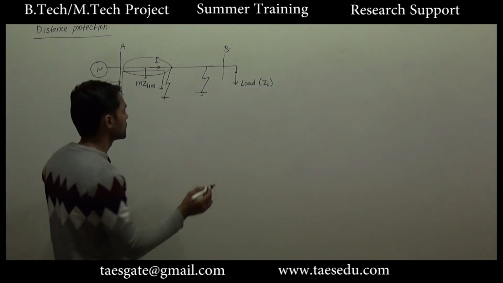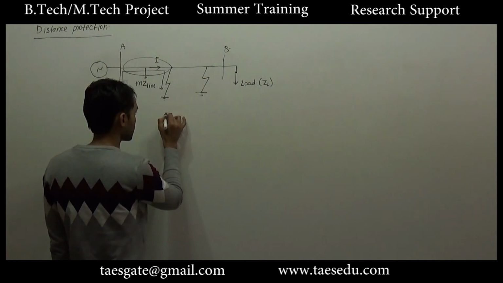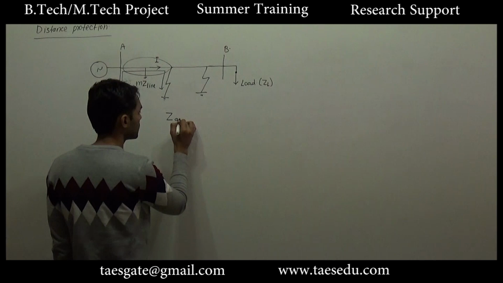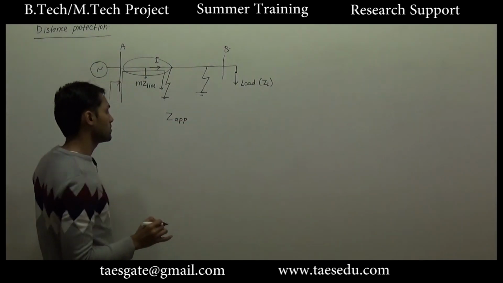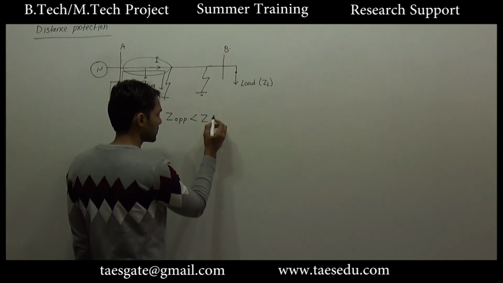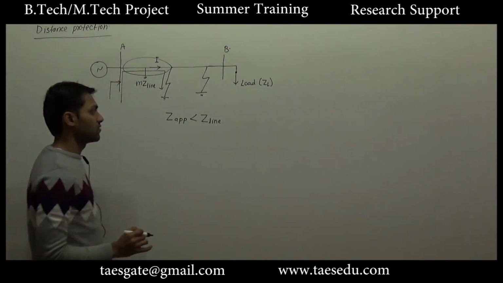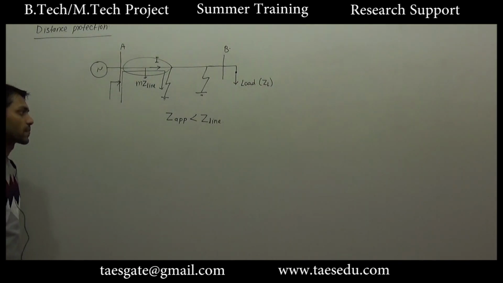As I discussed earlier, the principle of operation of the impedance relay is: we measure the apparent impedance seen by the source, and if this impedance is less than the total line impedance, we can say that a fault has occurred.